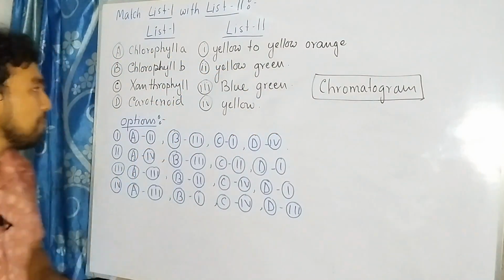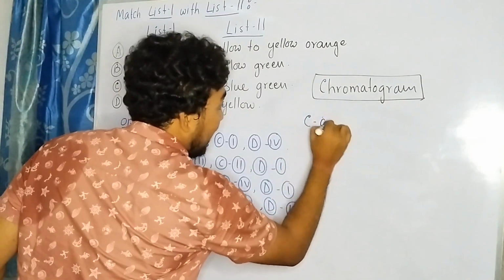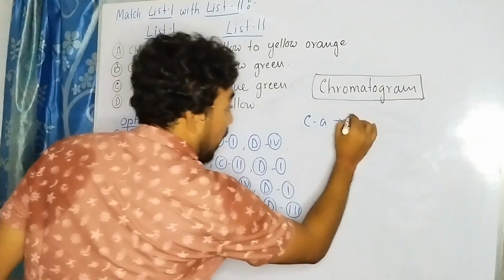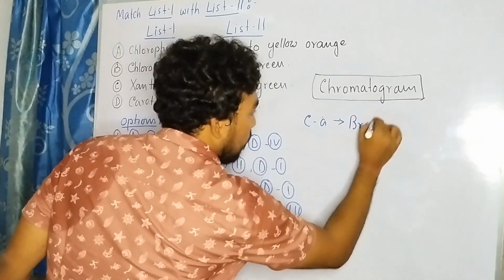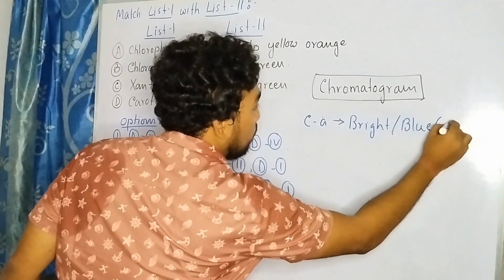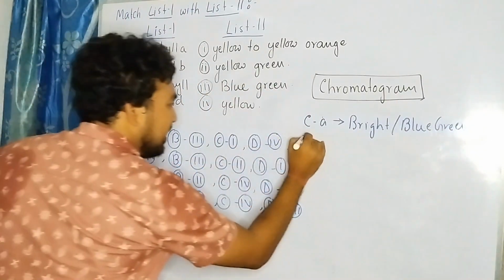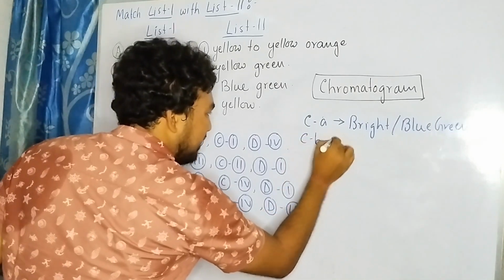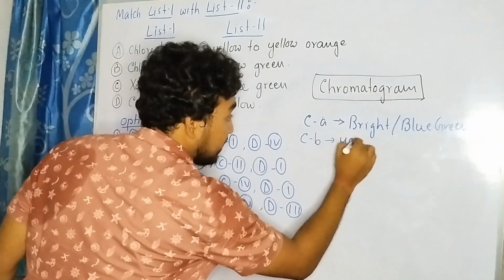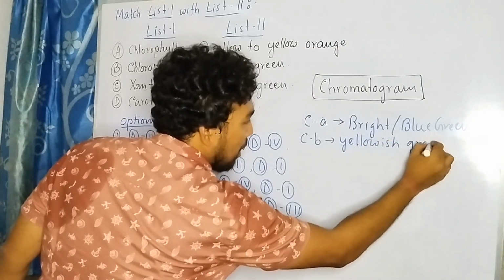So please remember, chlorophyll A will give bright or blue-green color in chromatogram, while chlorophyll B will give yellowish green in chromatogram.